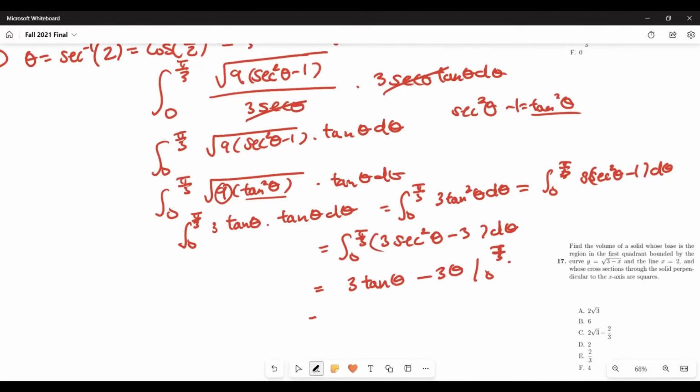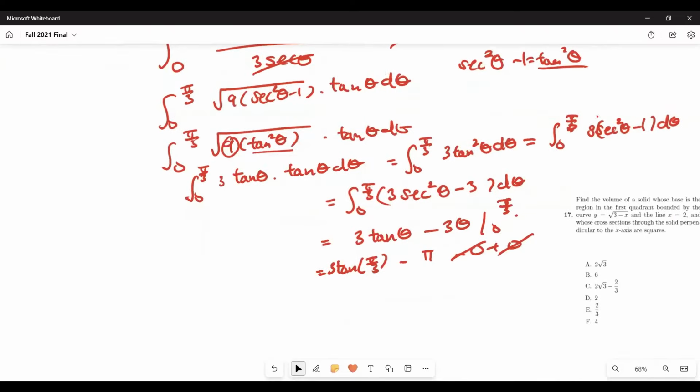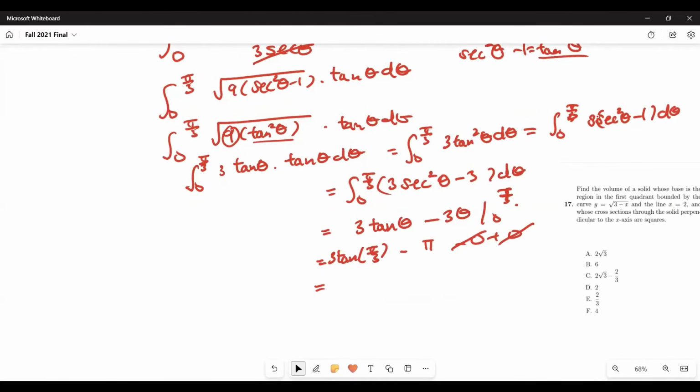So let's compute 3 tangent pi over 3 minus pi, minus the value at 0, which is just 0. And 3 tangent pi over 3 is 3 times the square root of 3. So this is 3 square root of 3 minus pi.